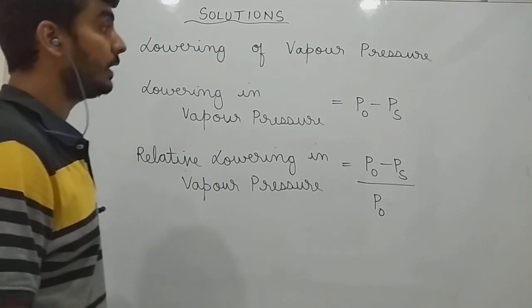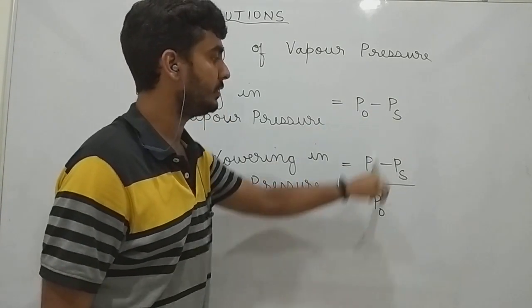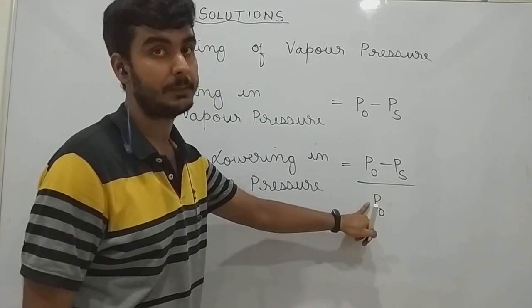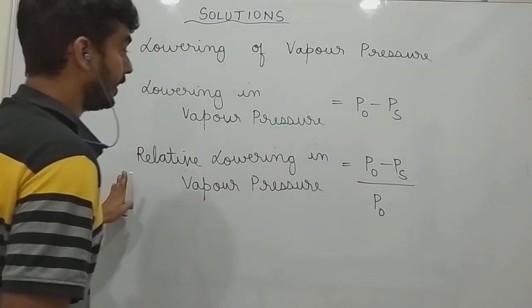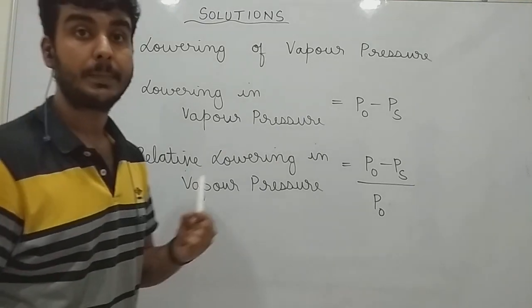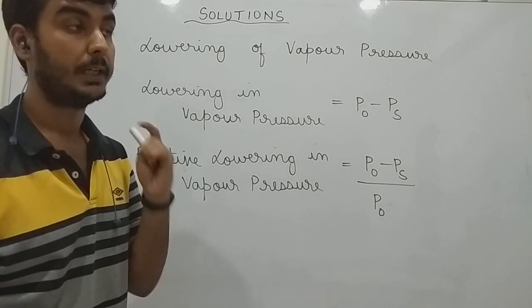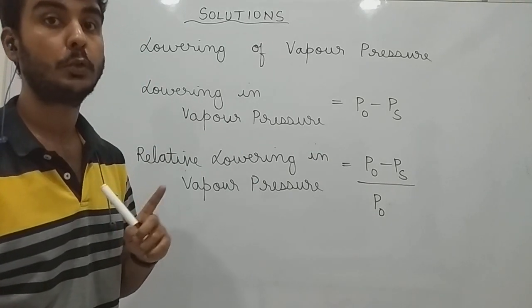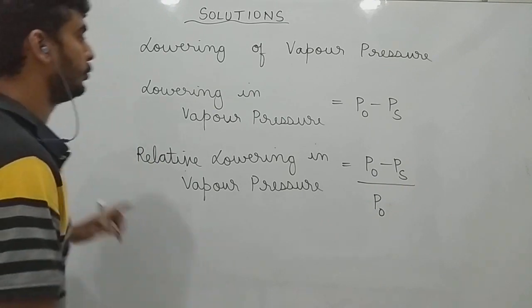It is seen that relative lowering in vapor pressure is equal to the mole fraction of solute. Relative lowering in vapor pressure is equal to what? Mole fraction of solute in the solution.